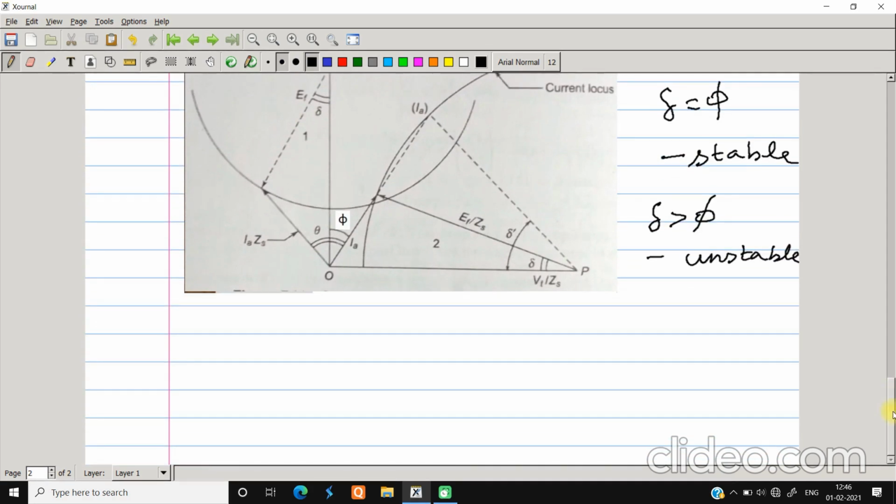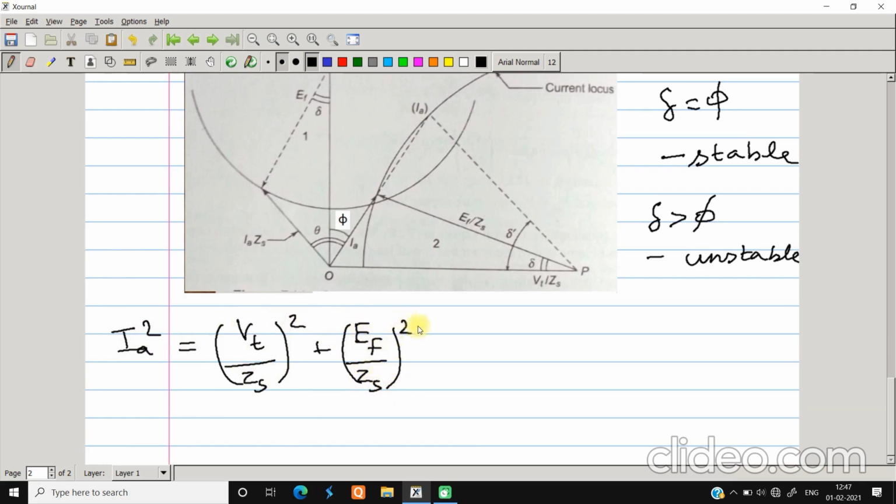So we will be having the locus of this particular Ia by making use of this particular triangle, taking the cosine rule of this particular delta, and in this second triangle, by cosine law we can write Ia square is equal to (Vt divided by Zs) the whole square plus (Ef divided by Zs) the whole square, because that is the other side of this particular angle delta.